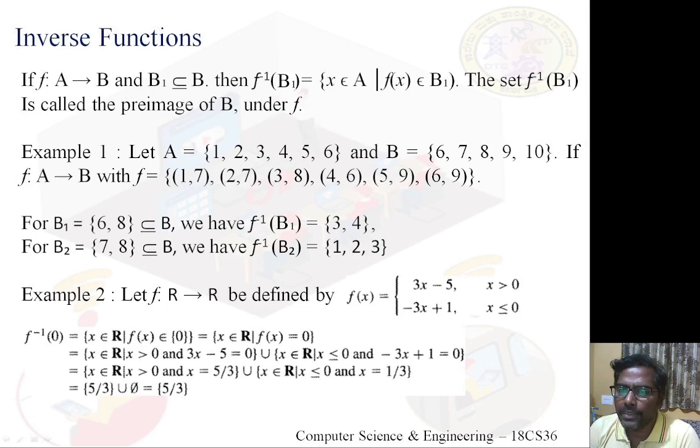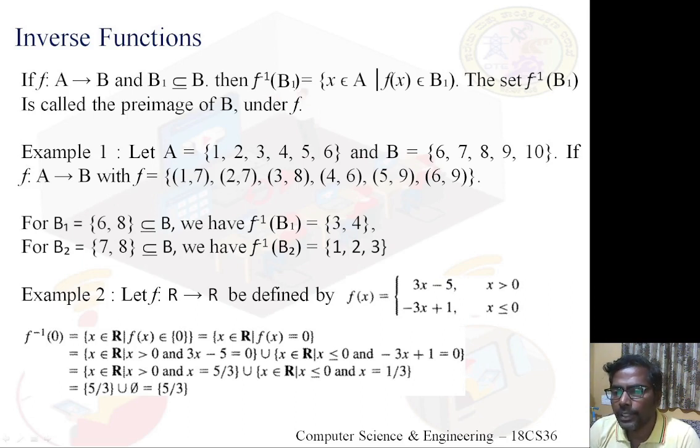Here I am given a function f from R to R, and the definition of function f is: f of x equals 3x minus 5 when input x is greater than 0, and f of x is minus 3x plus 1 when input x is less than or equal to 0.